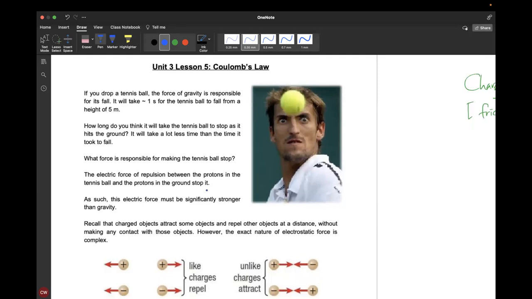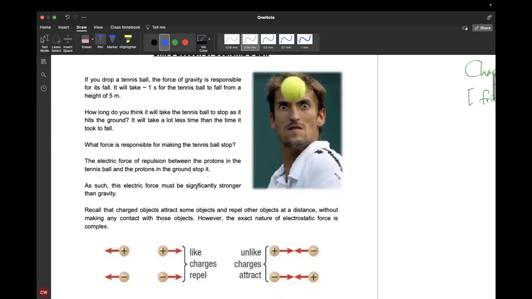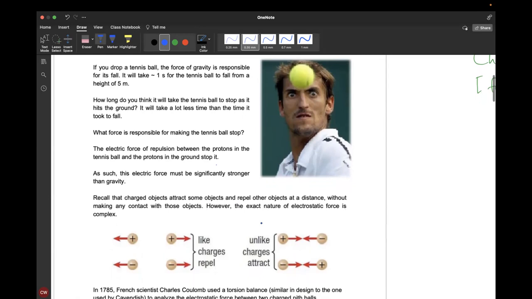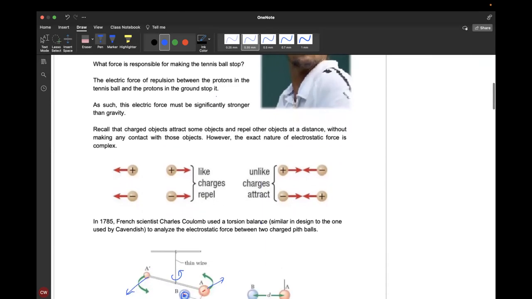Electric force is a repulsion between the protons in the tennis ball and the protons in the ground. Such an electric force is significantly stronger than gravity. Recall that charges attract or repel without making any contact with those objects. However, the exact nature of electrostatic force is complex.